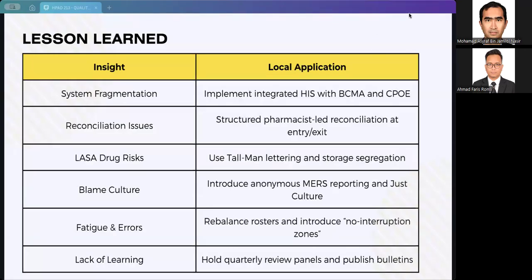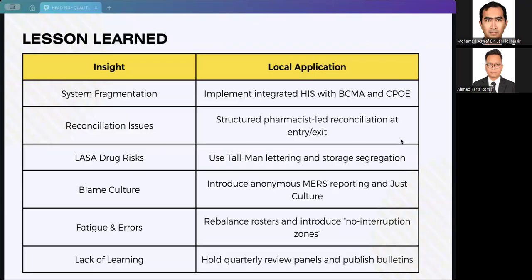Now, as a summary for all the control measures, firstly, we recognize that the reconciliation issue plays a significant role in our medication error. This is why we can implement integrated health information systems combining the bar code medication administration, BCMA, and computerized physician order entry. Next, we would have a look at the look-alike, sound-alike drugs.